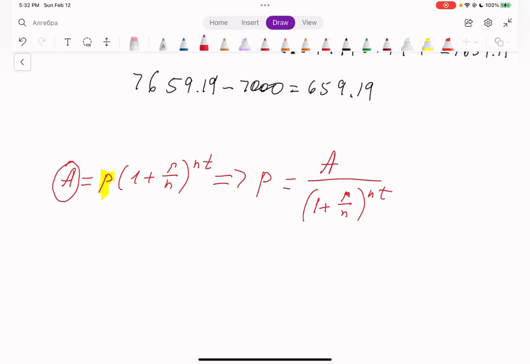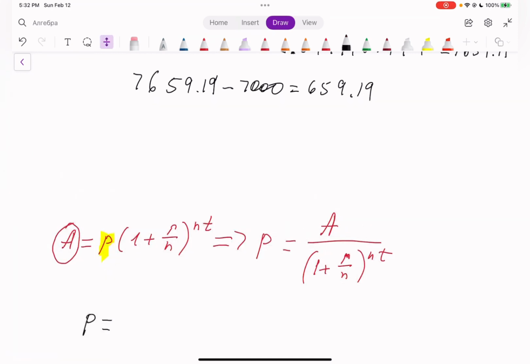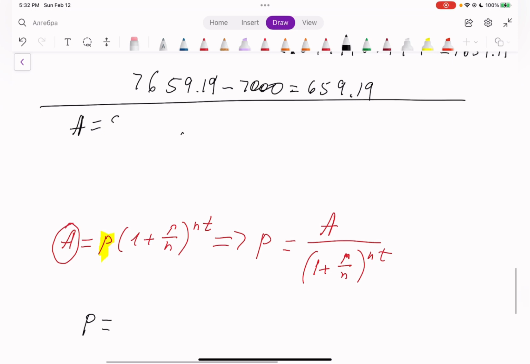What do we have? Let me write down the data we have. My accumulated amount is $40,000.